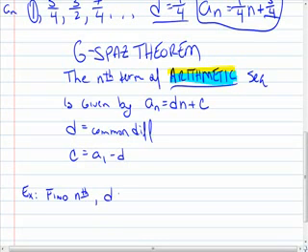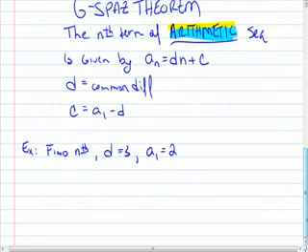where the common difference is 3 and a sub 1 is 2. Remember, a sub 1 or a1 is sequence notation for the first term. So we have the first term and we have the common difference, which is everything you need to find the nth term of a sequence.